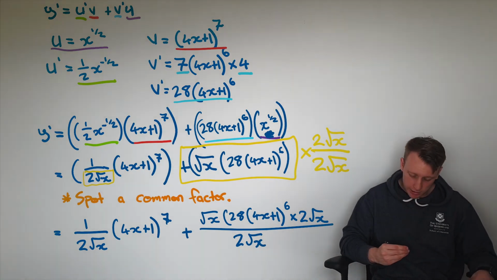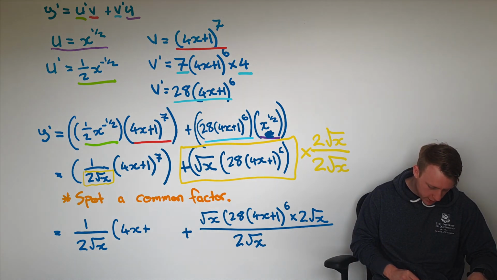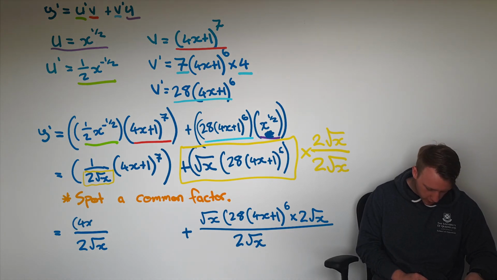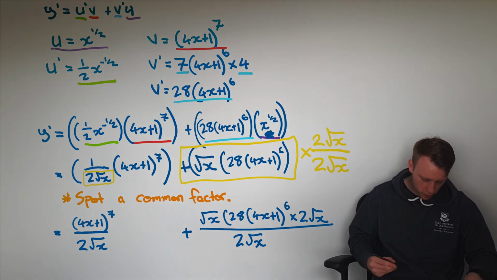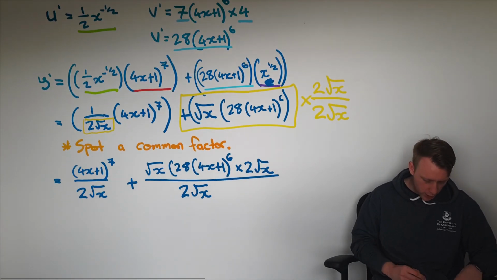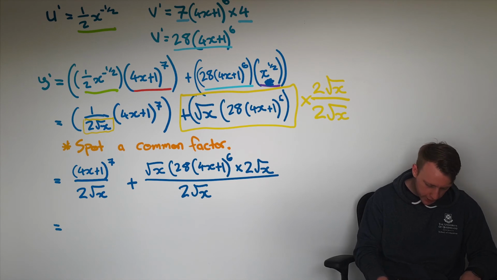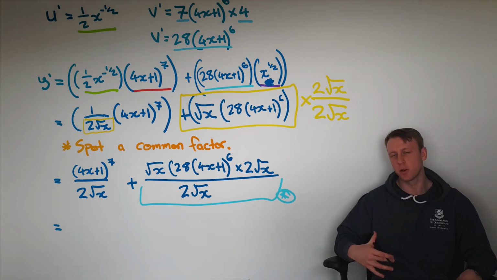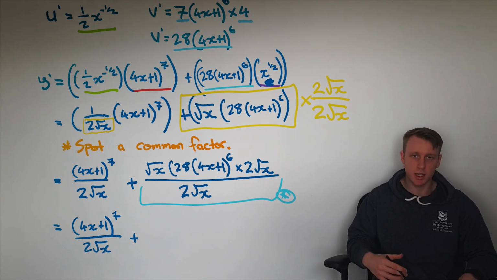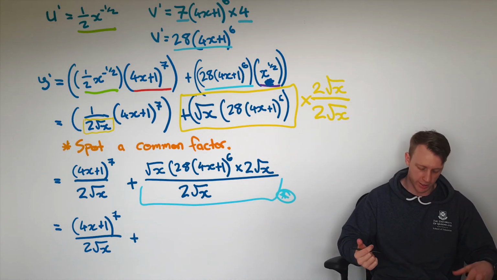Okay, and maybe to make it a little bit clearer, I'm going to rewrite this section here on the numerator. So that is just going to be 4x plus 1 to the power of 7 on the numerator. And just bring this over a little bit here. If I simplify this side a smidge more, again, these are a little bit tough, what we will see when we simplify it down is we get a nice common factor that we can pull out.